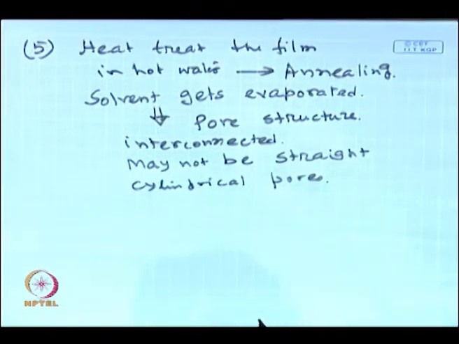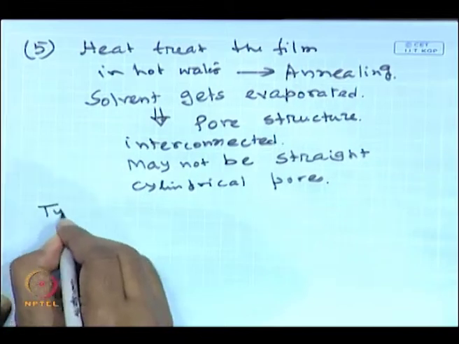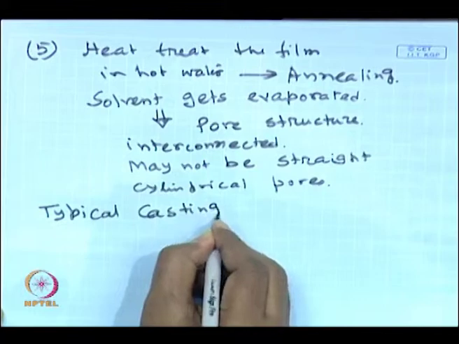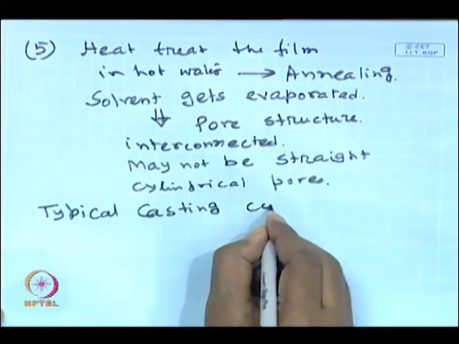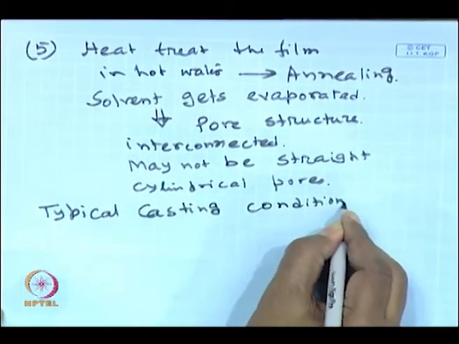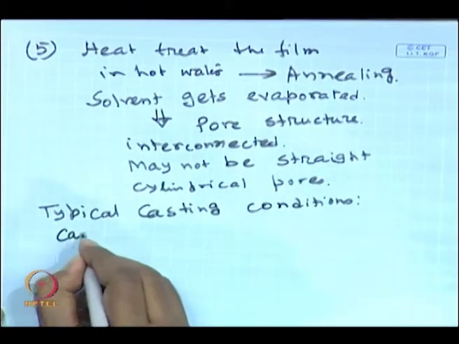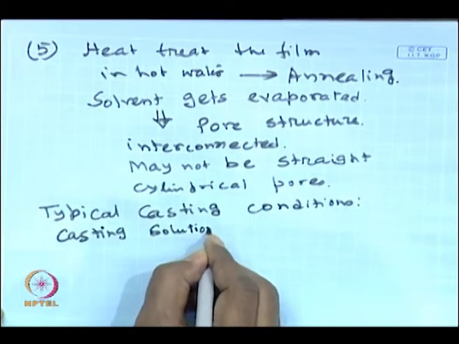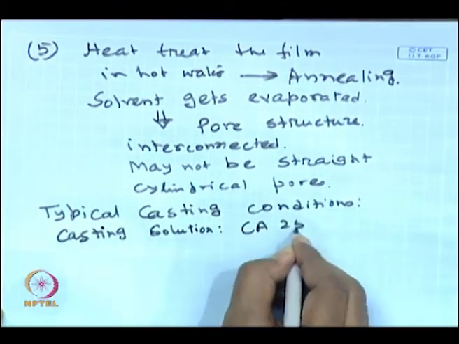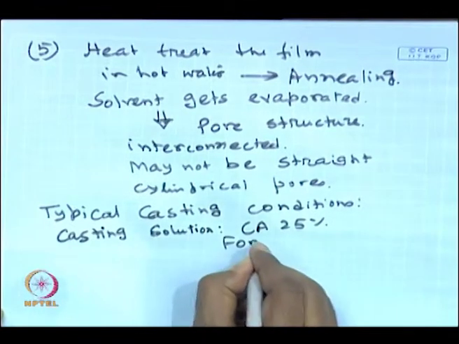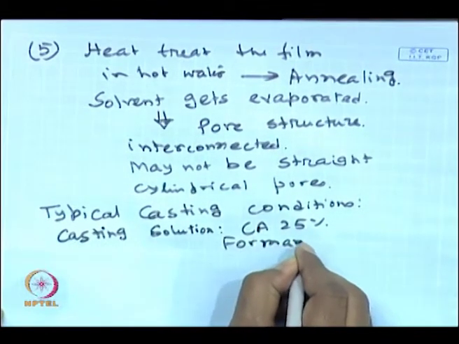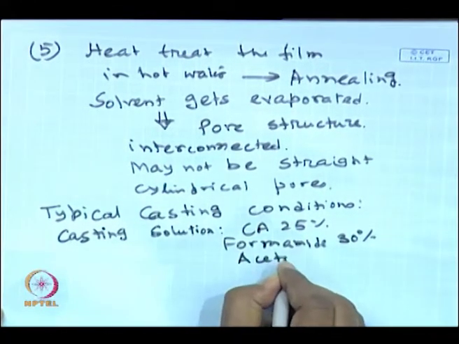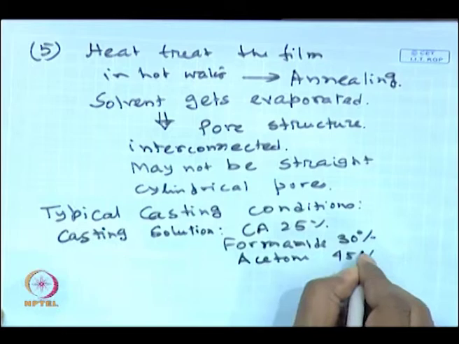Now, I will just write down the typical casting conditions for casting a reverse osmosis membrane. Casting solution: cellulose acetate, let us say 25%, formamide 30%, acetone 45%.